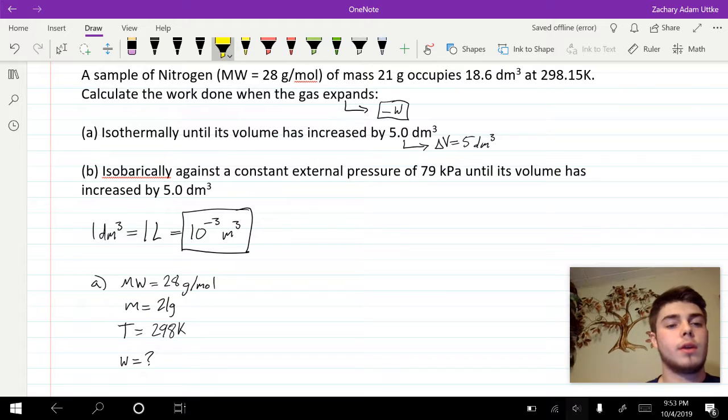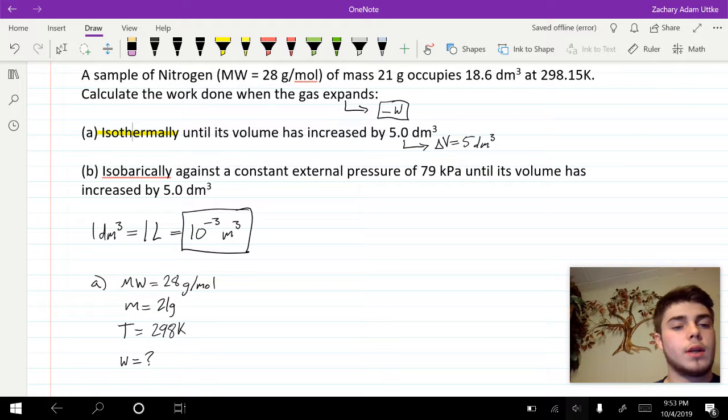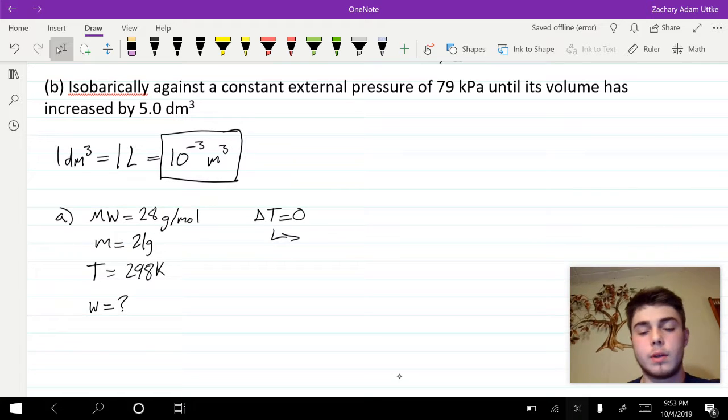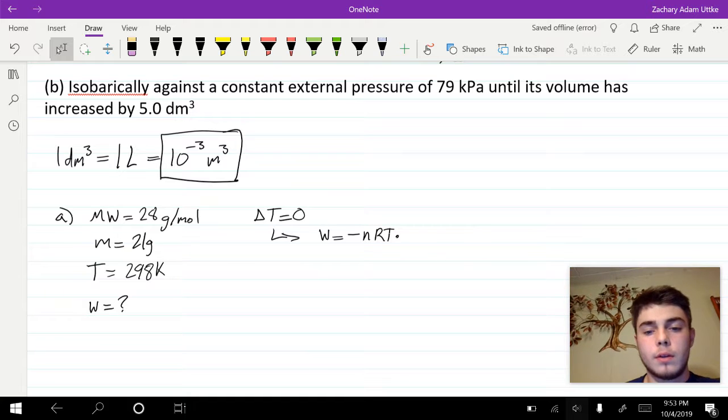So a key thing in this problem is that it tells you we're looking at it isothermally. As far as work is concerned, when we're dealing with something isothermal, that means that delta T equals 0, but more importantly, it affects the work equation. So under isothermal circumstances, work equals negative nRT times ln of V2 over V1.